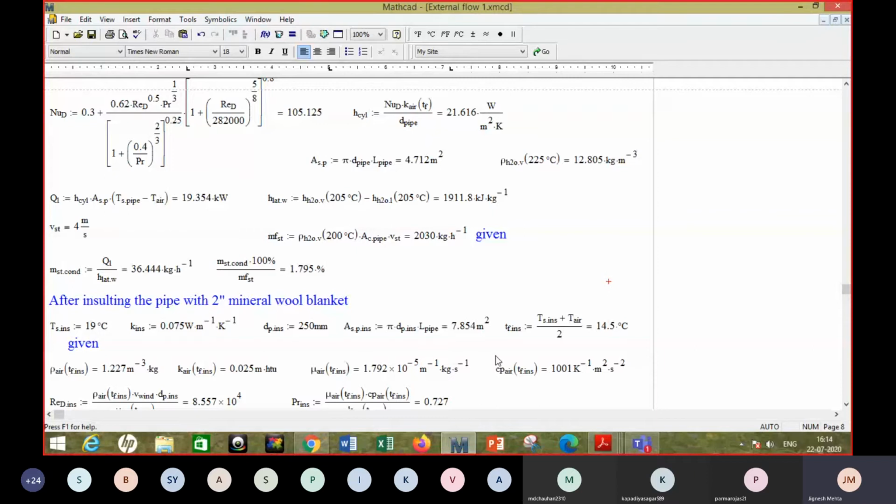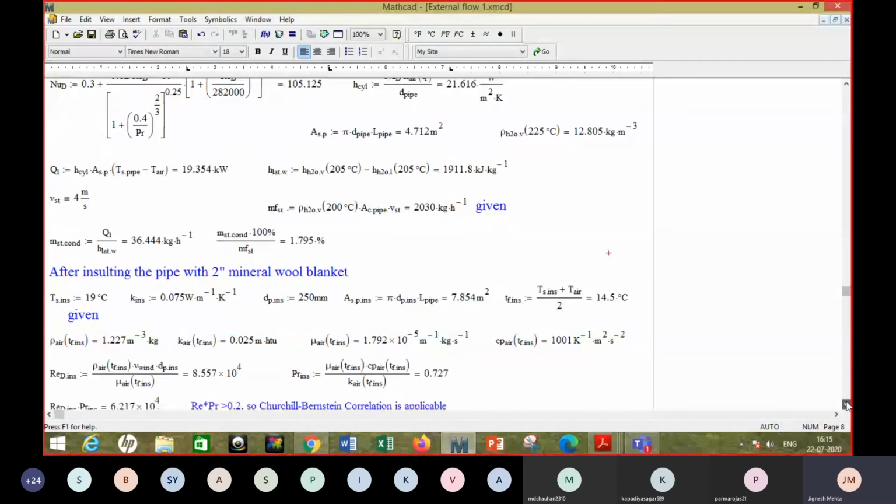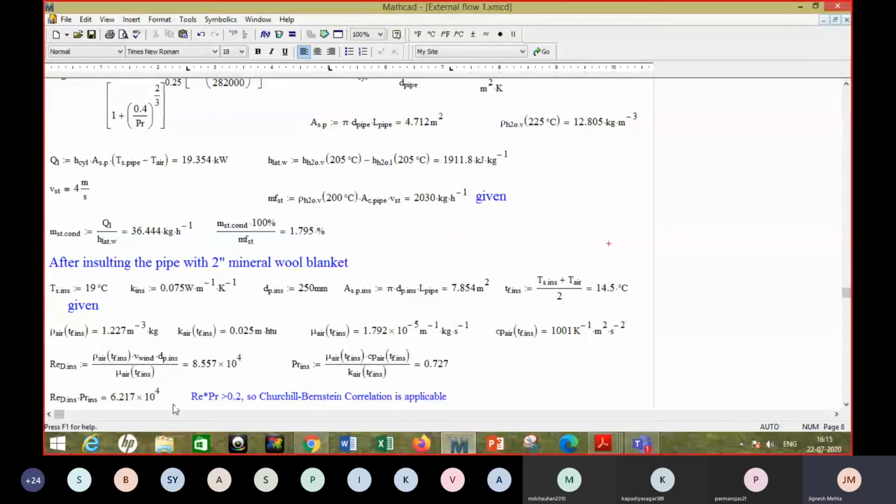Write properties evaluated at 15 degrees Celsius, so at least it is known that you are making that decision consciously. Yes. So now the new properties are written here: density, and then the thermal conductivity and viscosity, Cp, etc.